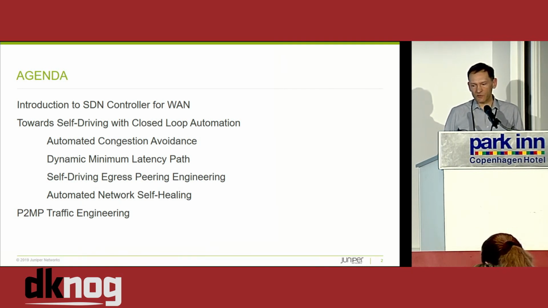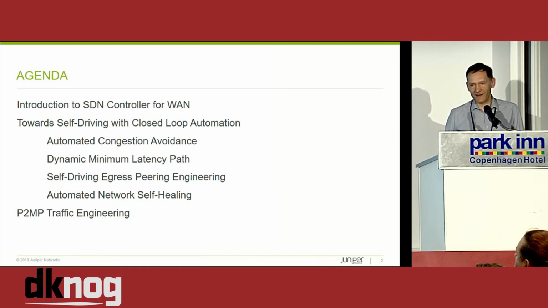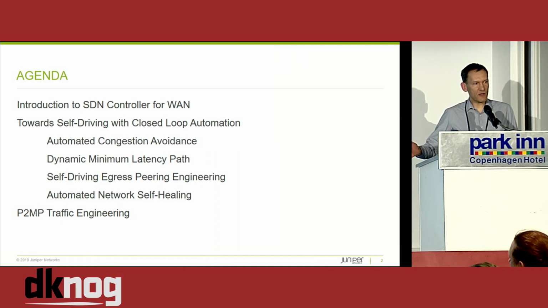And in particular, I'll talk about some examples like automated congestion avoidance, where the controller sees that a link's getting congested and automatically diverts traffic away. Dynamic minimum latency path, where the controller sees that the latency's gone up on a given link and moves LSPs away that are low latency LSPs. Self-driving egress peering engineering.